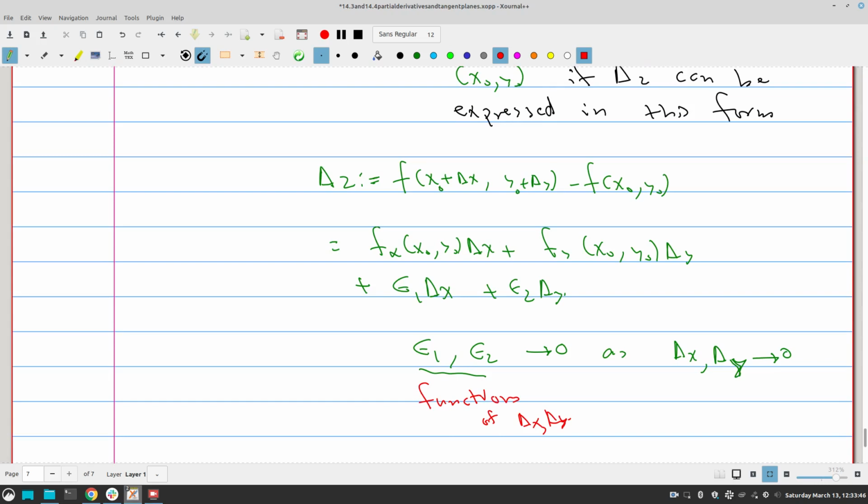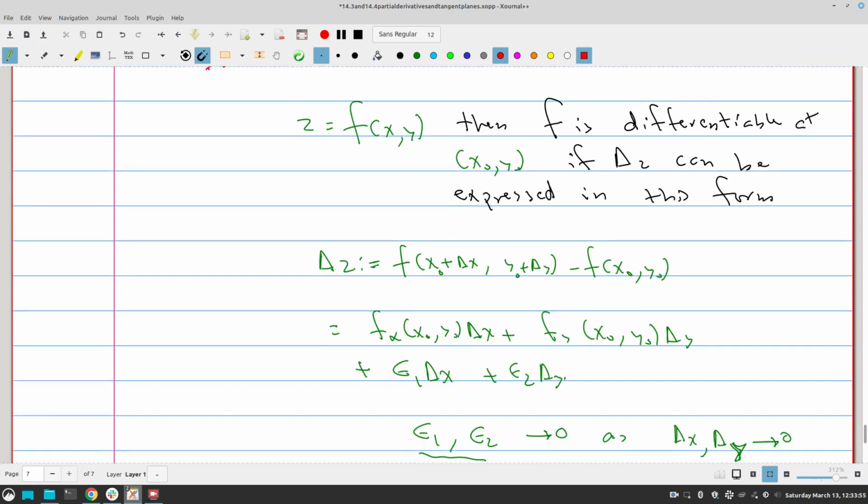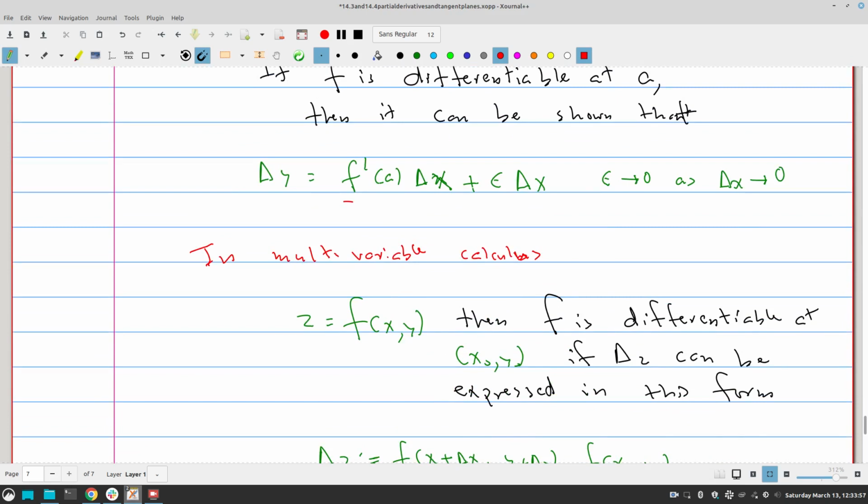So it's derivative times delta x plus epsilon 1 delta x plus another derivative times delta y plus epsilon 2 delta y. And in single variable calculus, you had a derivative times delta x plus epsilon delta x. And in both cases, as delta x and delta y go to 0, the epsilons go to 0.